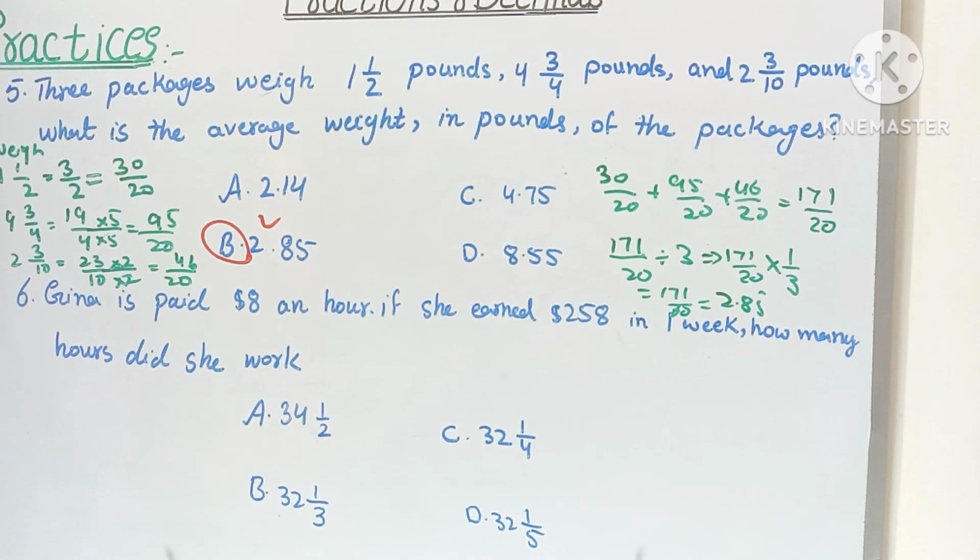Next, question number 6. Gina is paid $8 an hour. If she earned $258 in 1 week, how many hours did she work? To find how many hours Gina worked, divide her total earning by her hourly wage. Step by step, we do these calculations.